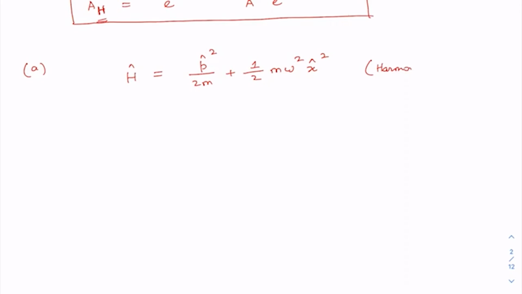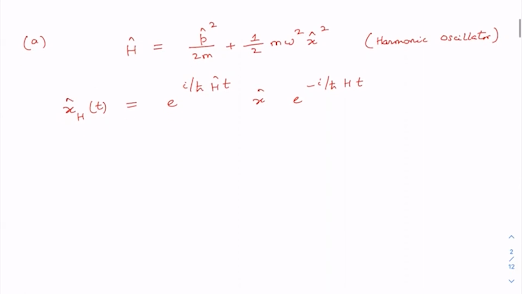So we have to find out what is the position operator in the Heisenberg picture. That would be e to the power i by h cross H t, x, e to the power minus i by h cross H t.